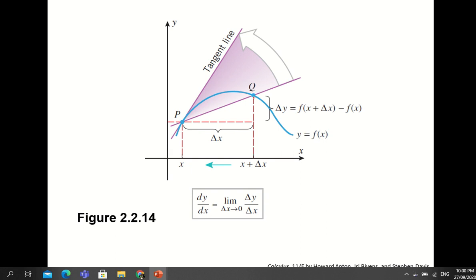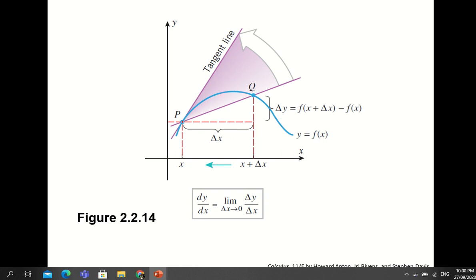Assuming that we are considering the horizontal distance between point P and point Q, call it delta x. Therefore the horizontal component of this point Q is x plus delta x, meaning the distance from the y-axis to that point.